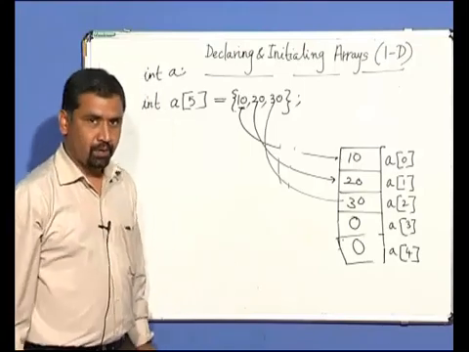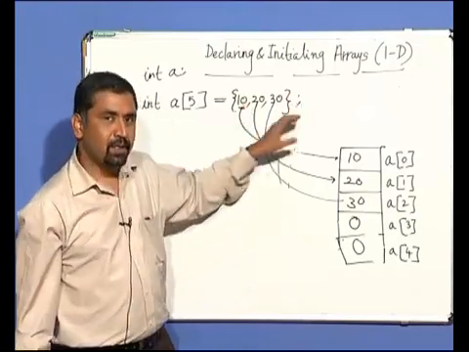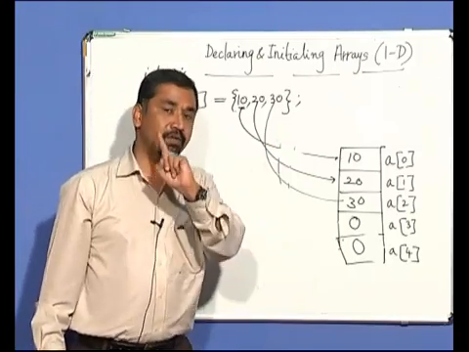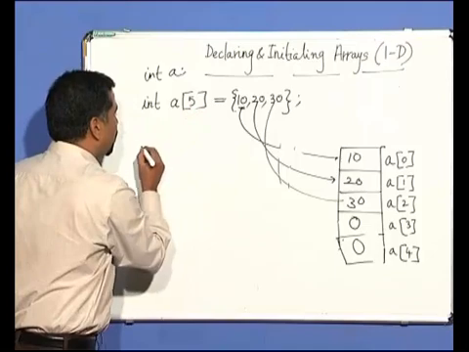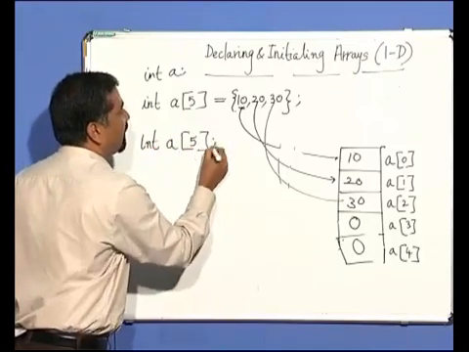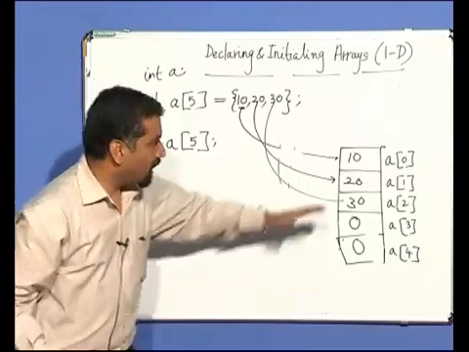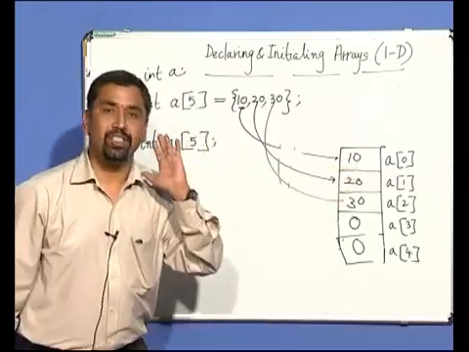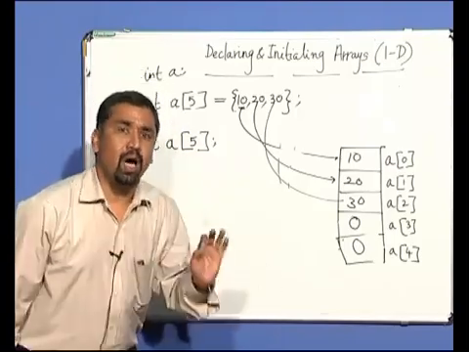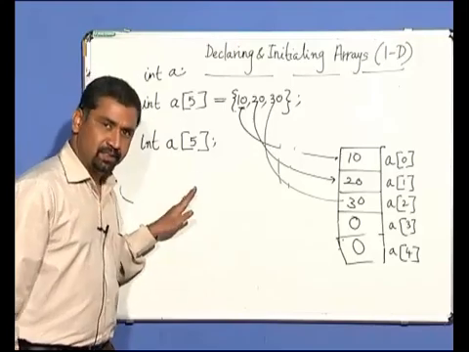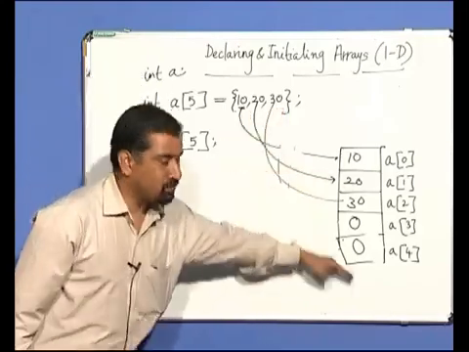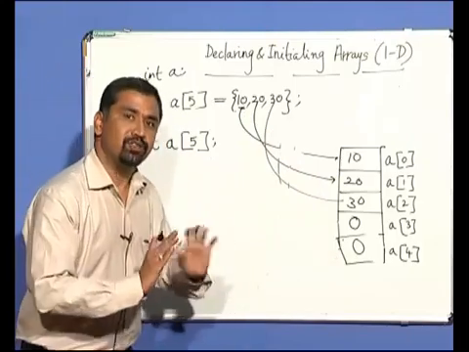So when you initialize partially, the remaining elements will be given 0 values. But you have to very carefully remember that if I don't initialize anything, if I simply declare an array of size 5, all the 5 elements will have garbage values, undefined values on which you cannot depend. So all uninitialized variables like this will have garbage values, but for partially initialized arrays, the rest will be initialized to zeros.